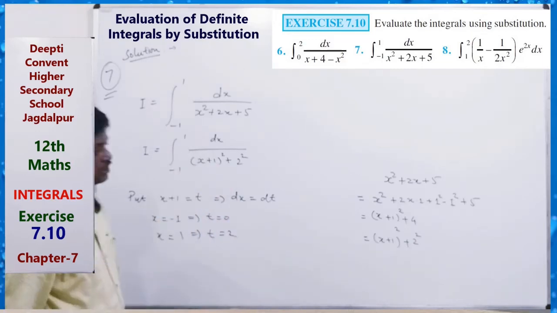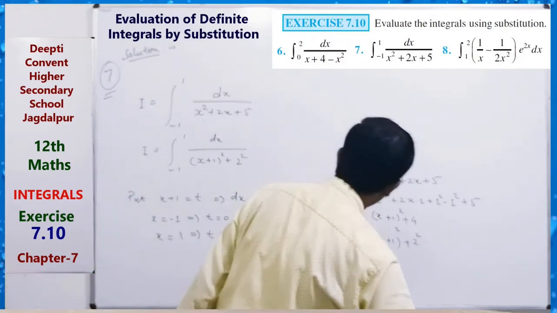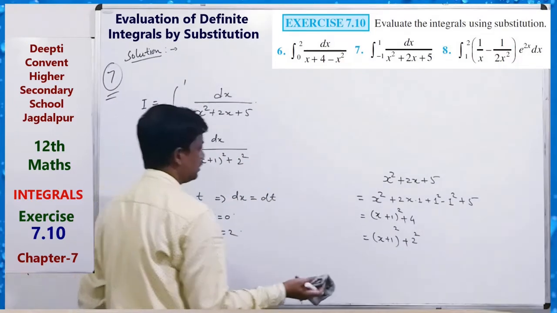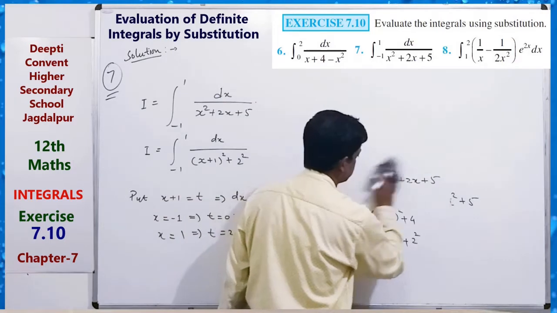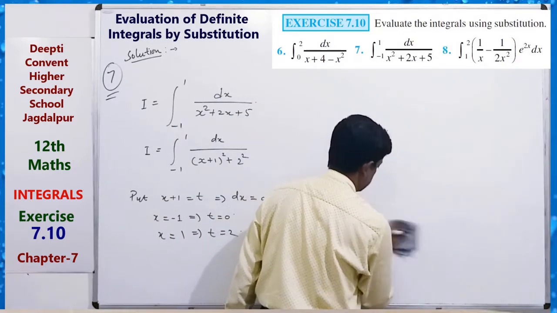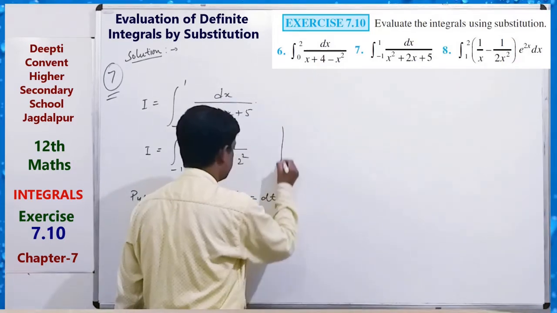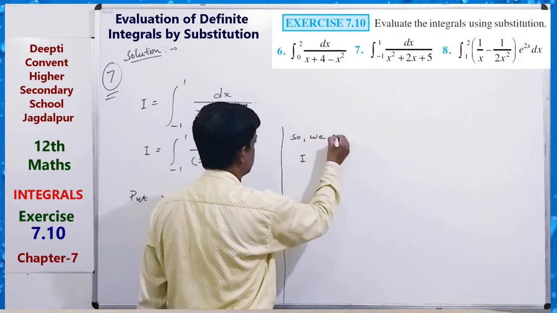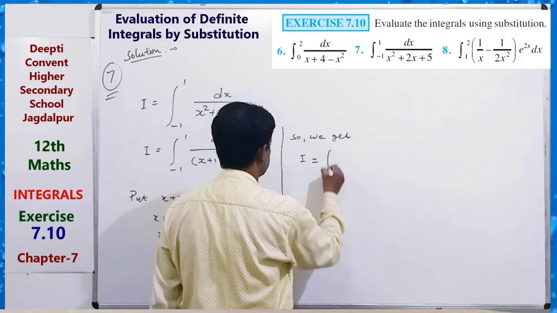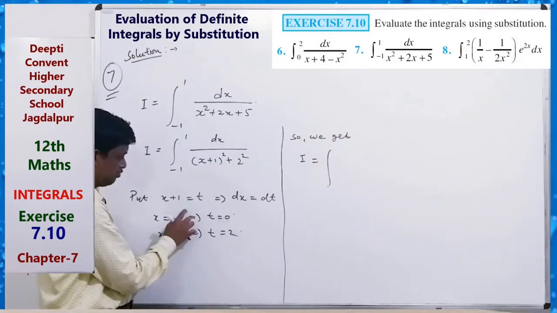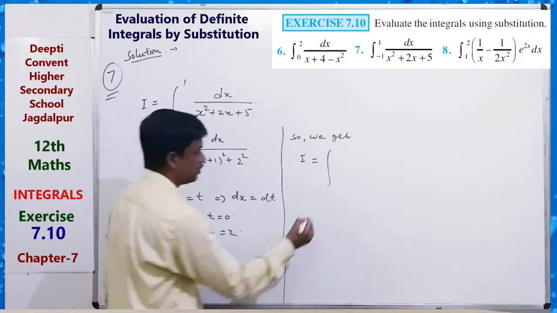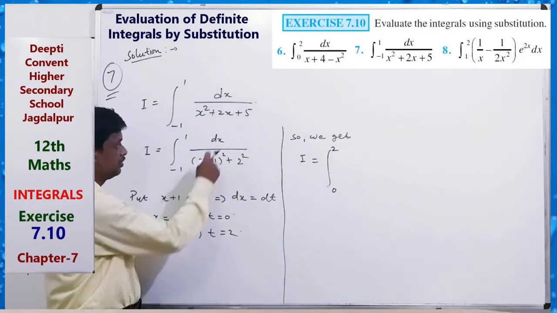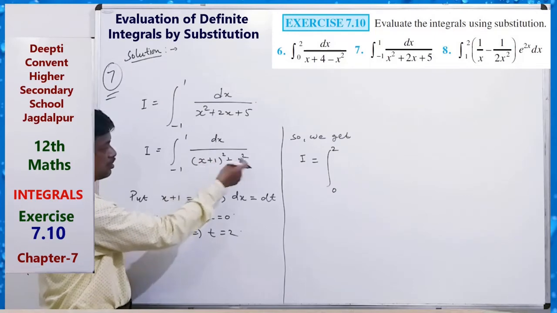By using this substitution, we can get the value of this integral as a new integral, with limits 0 to 2. And here dx means dt by t square plus 2 square.